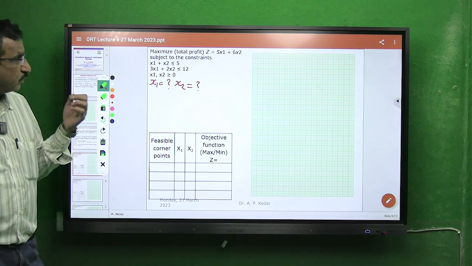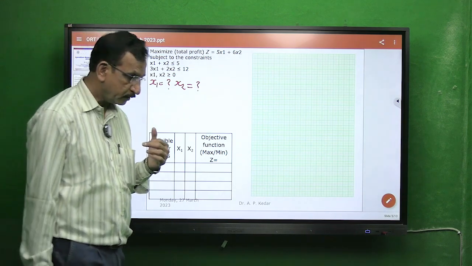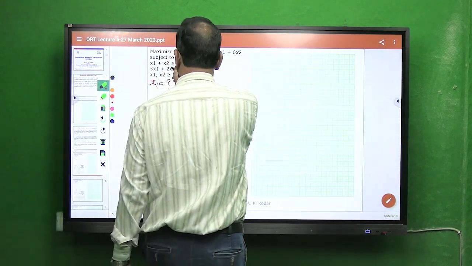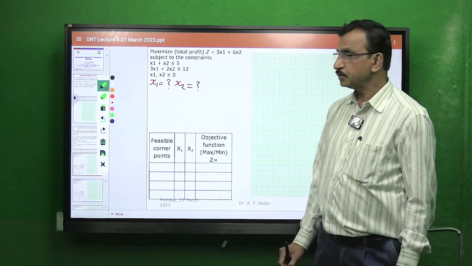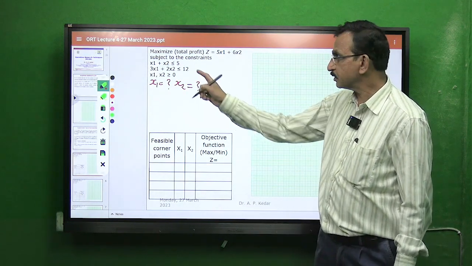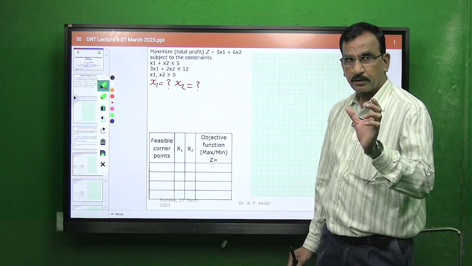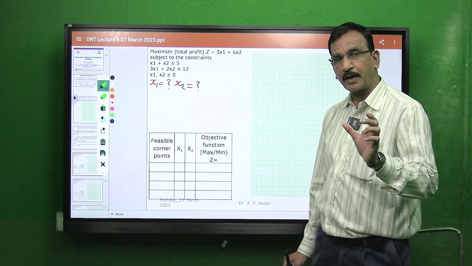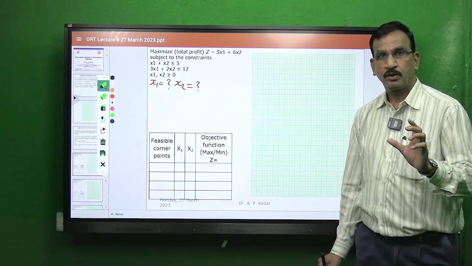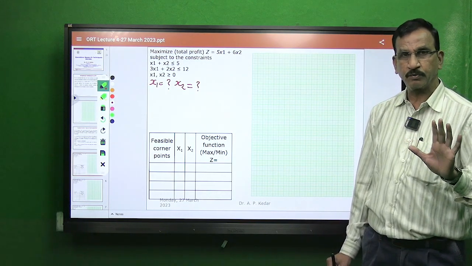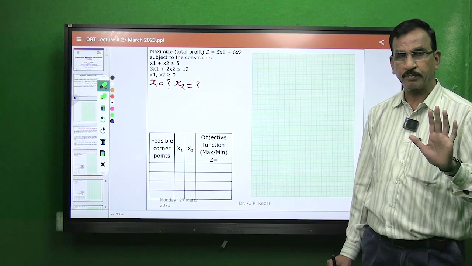Now what is the first required thing? x1 plus x2 is less than or equal to 5, meaning the addition of x1 and x2 can be at most 5. That condition you have to remember.